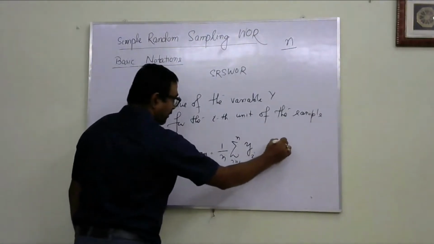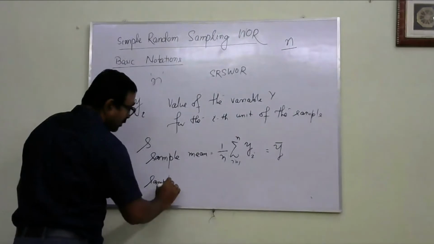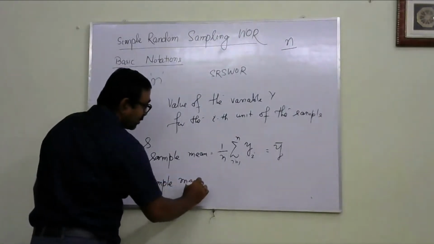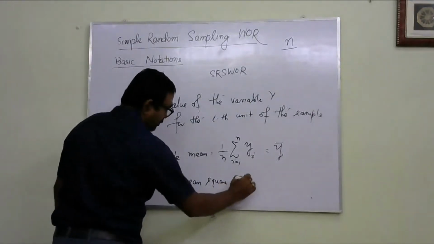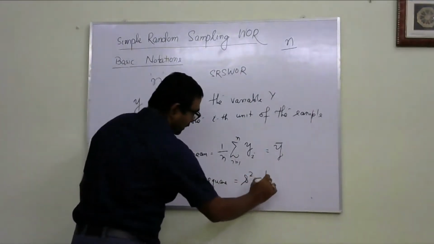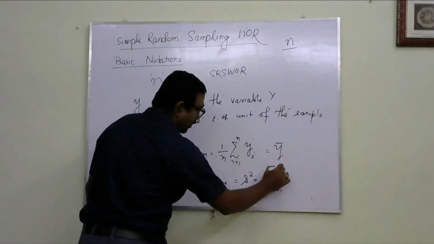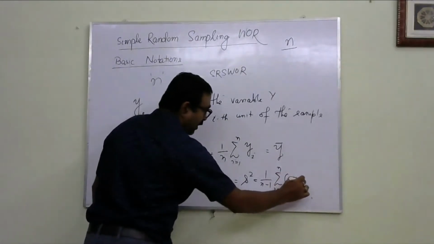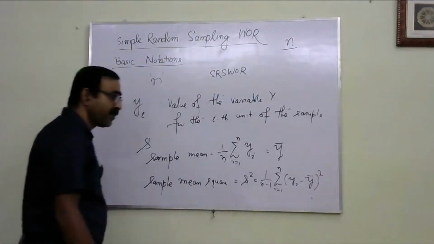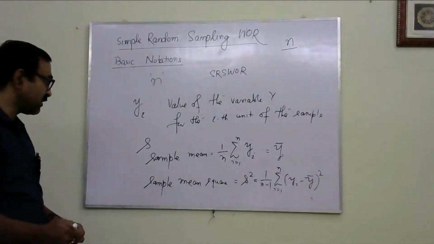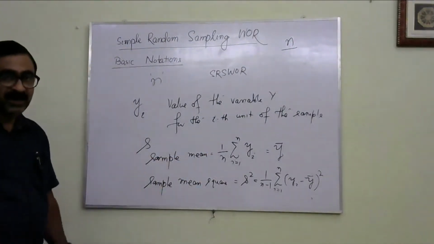This is small y bar, and the sample mean square, that is equal to small s square. This is 1 by small n minus 1 summation i equal to 1 to n, yi minus y bar whole square. Now this is the sample mean and sample mean square s square.